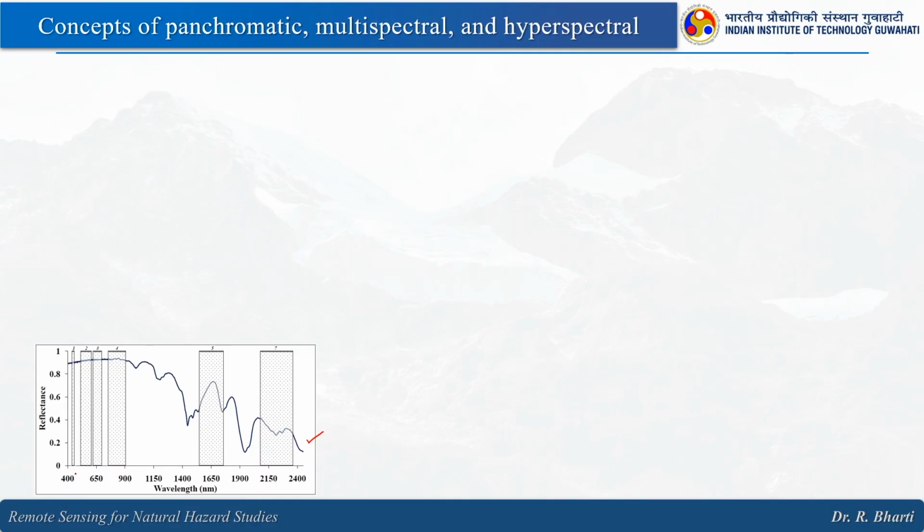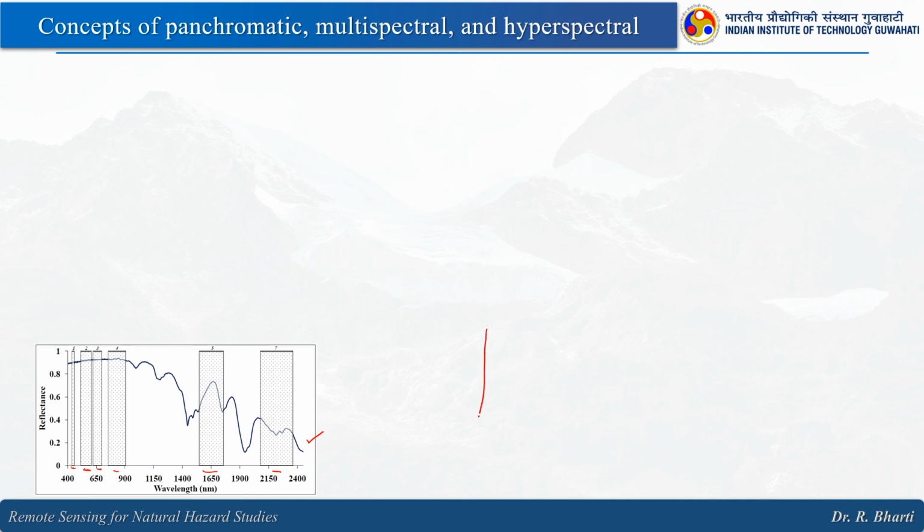So here it shows what are the different bands which are measured by Landsat satellites, right? The band means the images. So here we can see the first, second, third, fourth, fifth and seventh band of Landsat ETM plus that is captured in these wavelength ranges, right?